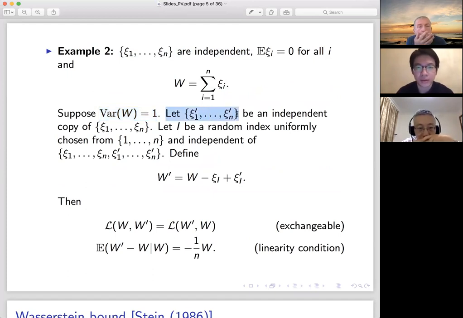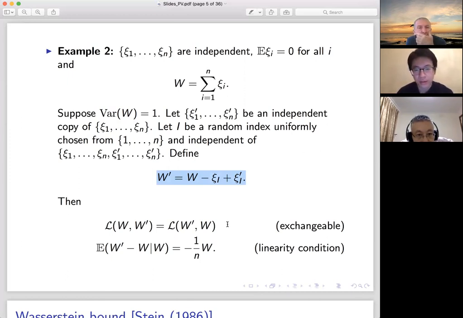We let xi_1 prime to xi_n prime be an independent copy of this sequence xi_1 to xi_n, and we choose a random index I uniformly from 1 to n, independent of everything else. Then we define W prime to be W minus xi_I plus xi_I prime. So basically, we randomly choose a summand and replace it with an independent copy.